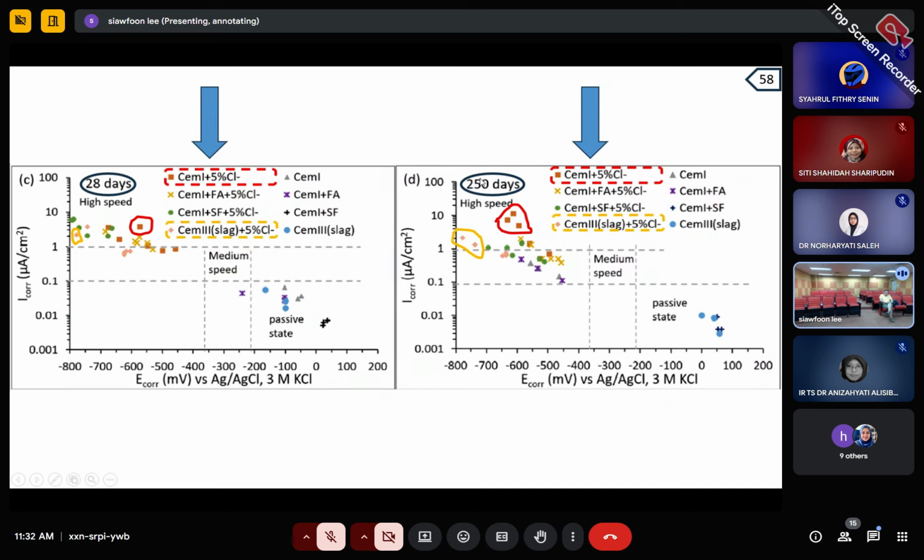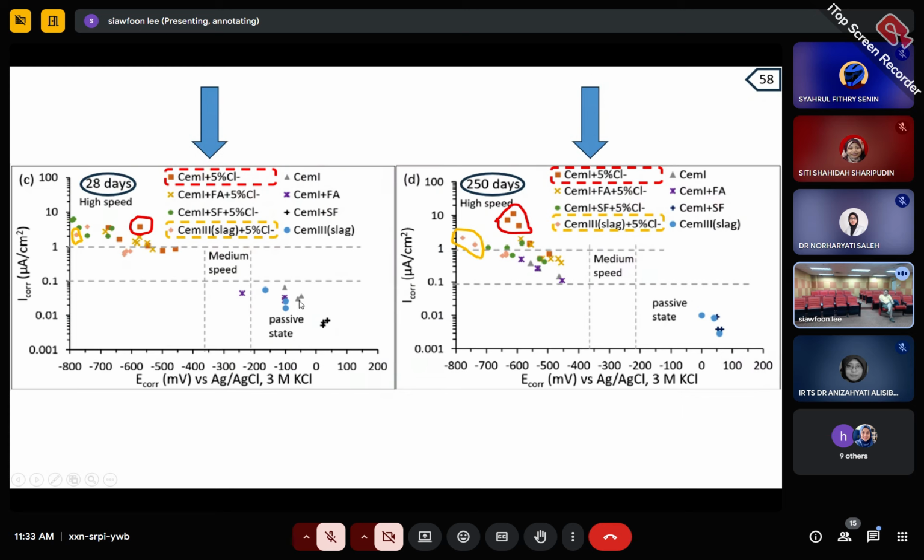And then after 250 days, the cement 3 slag without the chloride concentration still remains at the same place, with very low corrosion current and very positive corrosion potential, which means they are very sure to be in the passive state. But you can see the cement 1, even without the chloride concentration, actually moves out already after 250 days, and goes to the high speed corrosion region.